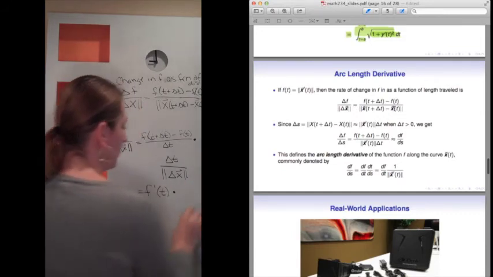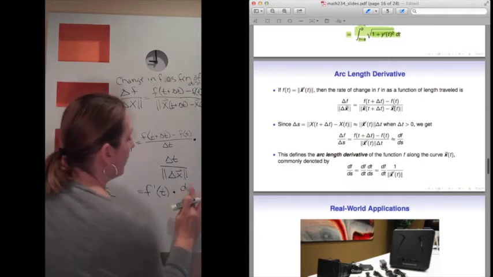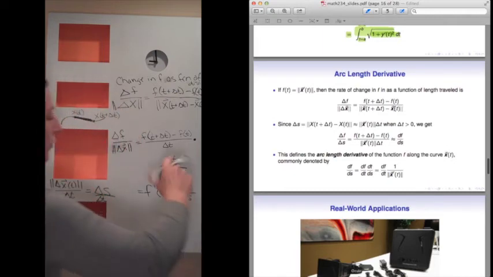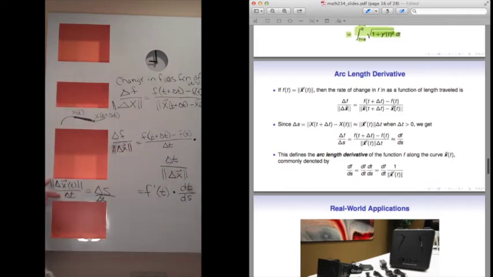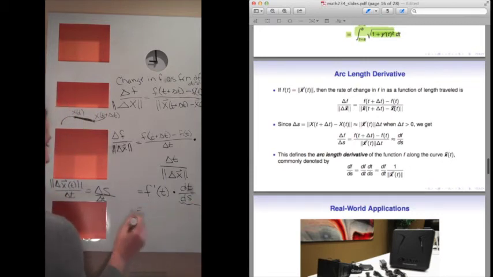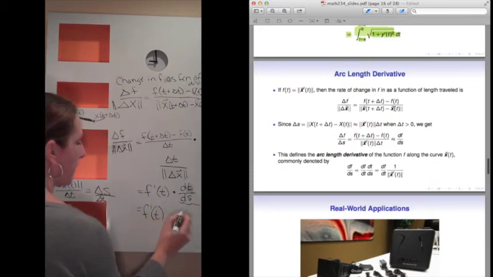I screwed this up slightly. What I want here is not ds dt, but dt ds. In other words, we had flipped it over from here to here, and now we're going to flip this back. So we've learned how the arc length changes as a function of time. What is this guy?